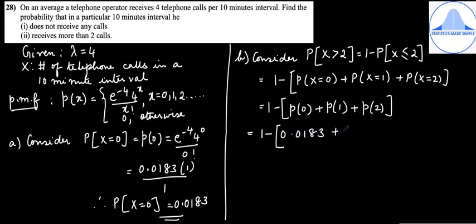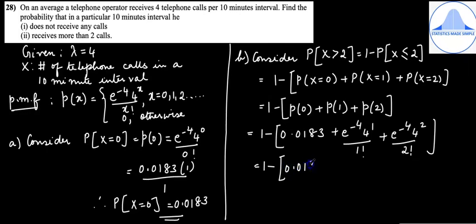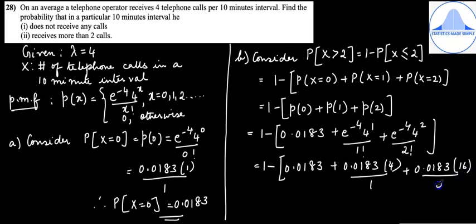Then p of 1 will be e to the power minus 4, 4 to the power 1 divided by 1 factorial, and p of 2 is e to the power minus 4, 4 square divided by 2 factorial. So which is 1 minus 0.0183 plus 0.0183 into 4 divided by 1 plus 0.0183, 4 square is 16 and 2 factorial is 2 into 1, which is 2.